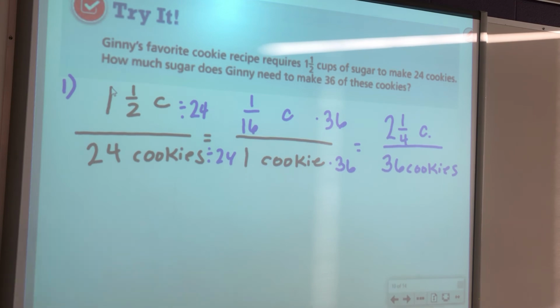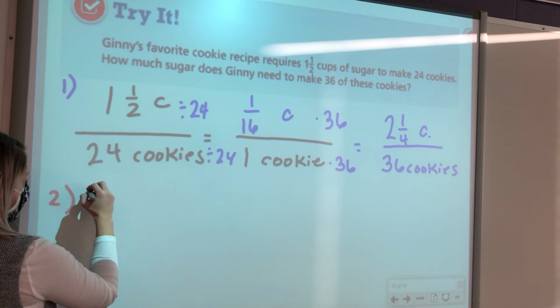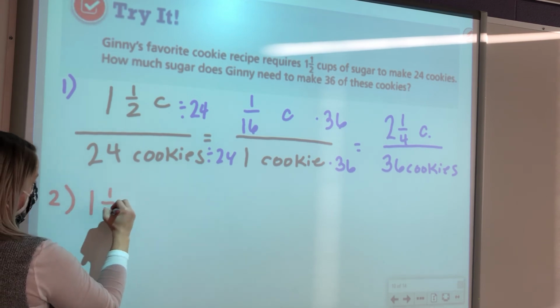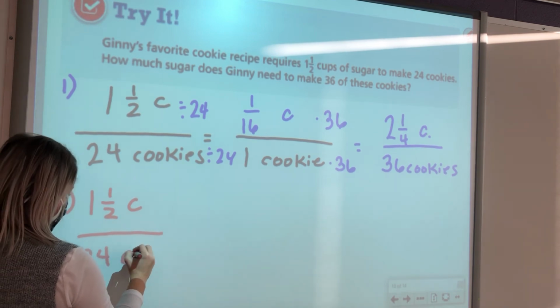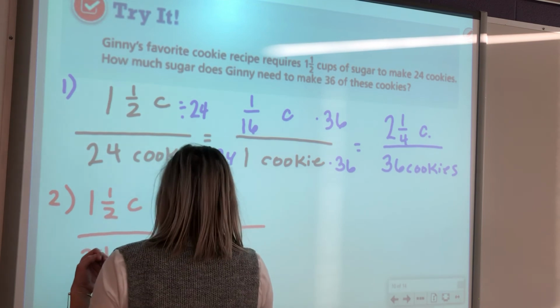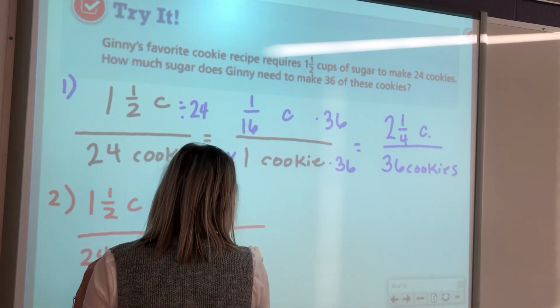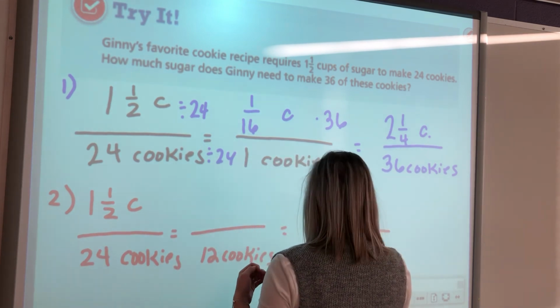So you want to go down to 12 cookies and then go back up to 36.